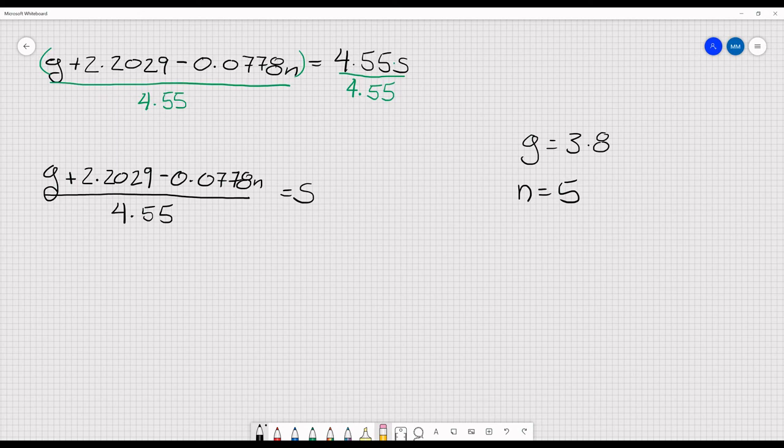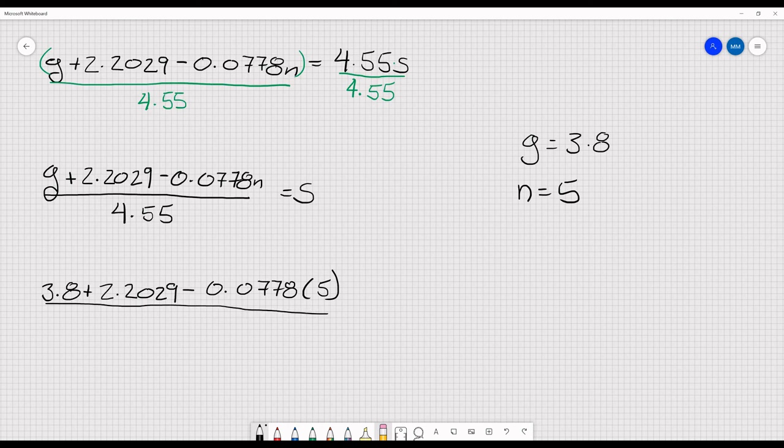Plug these in, we get 3.8 plus 2.2029 minus 0.0778 times N, which is 5, all divided by 4.55.